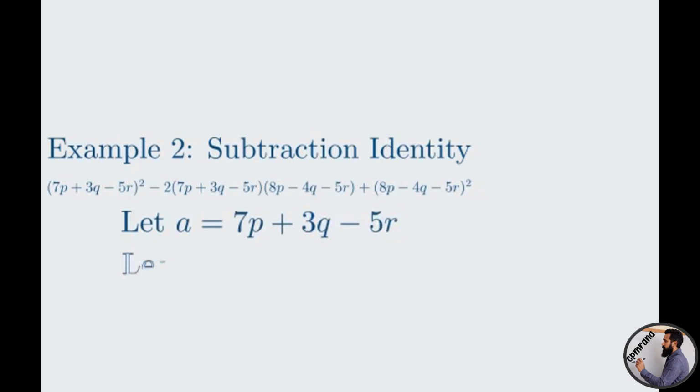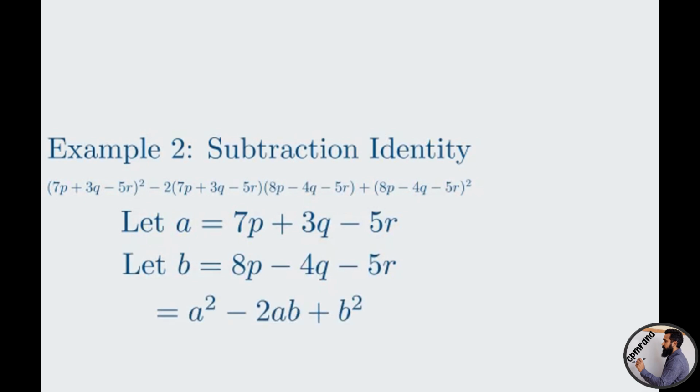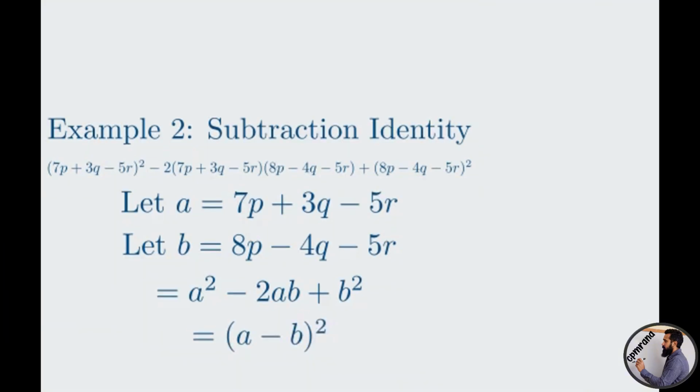Let a equal 7p plus 3q minus 5r, and let b equal 8p minus 4q minus 5r. If we replace these parts with a and b, our expression transforms into a squared minus 2ab plus b squared. Because of the minus sign in front of the middle term, this matches the identity for (a minus b) squared.